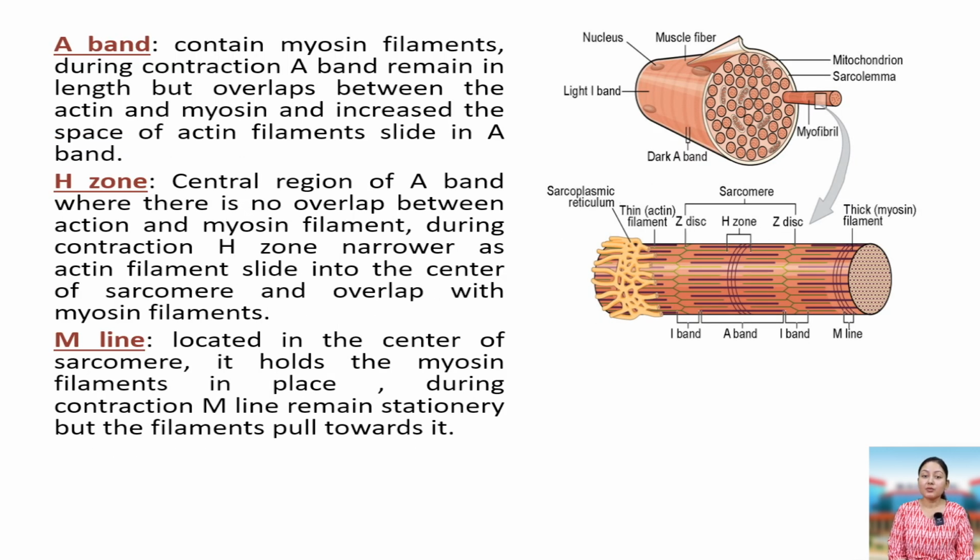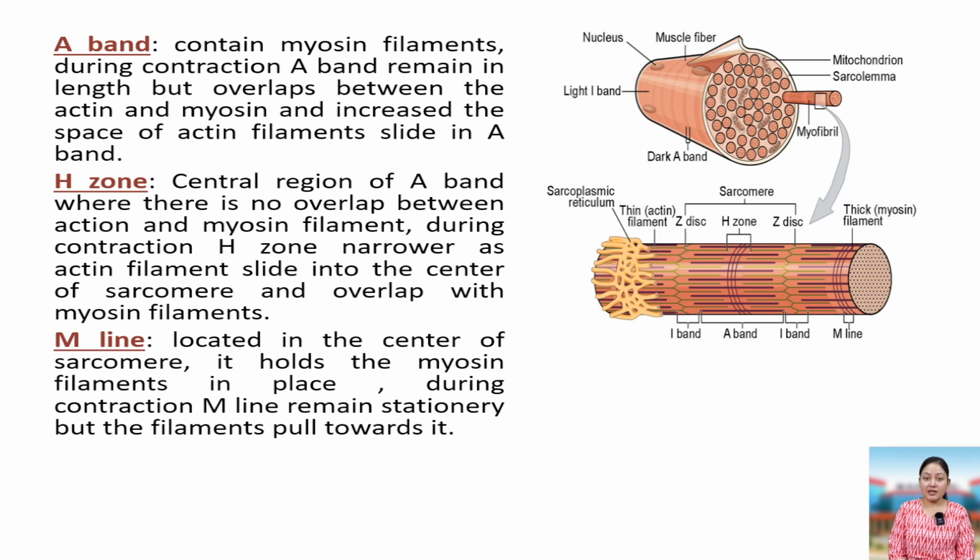Now moving forward to the A band. What is the A band? It contains myosin filaments, our thick filaments. It remains the same length, but during contraction the overlap between actin and myosin increases, as actin filaments slide in the A band.